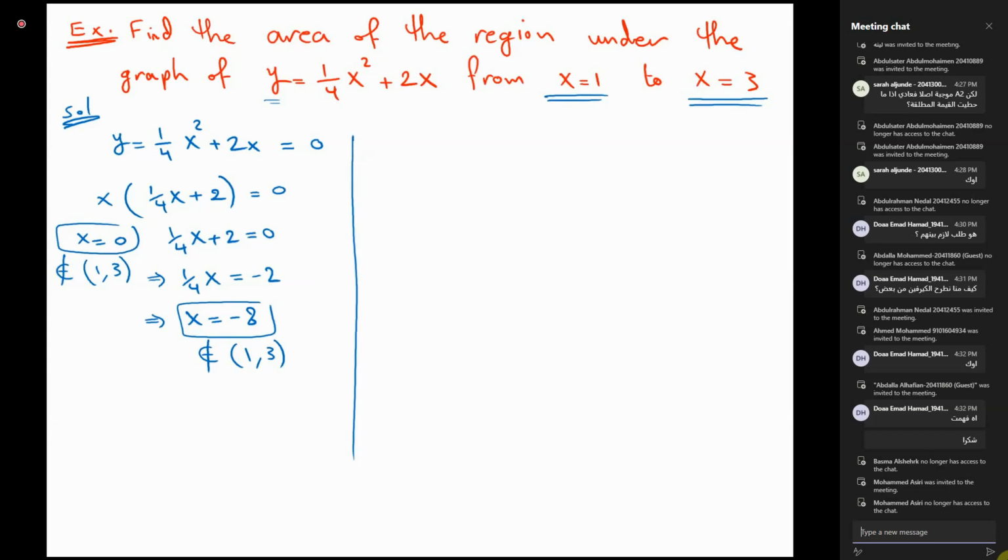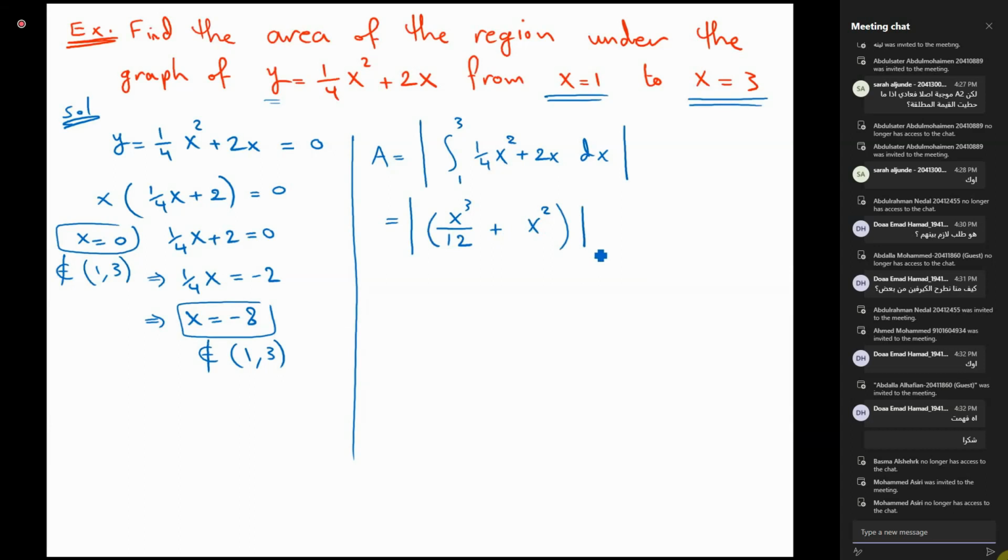Now the area equals the absolute value of the integral from 1 to 3 of what? Of y, or f of x, 1 over 4 x squared plus 2x dx. Now firstly find the integral. We have x to the power 3 over 12, because over 3 multiplied by 4 we have 12, plus x squared over 2, so we have x squared.